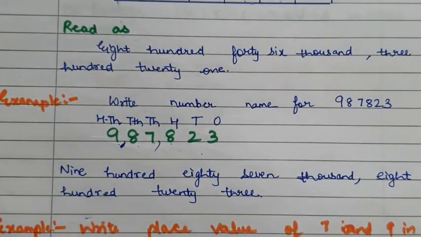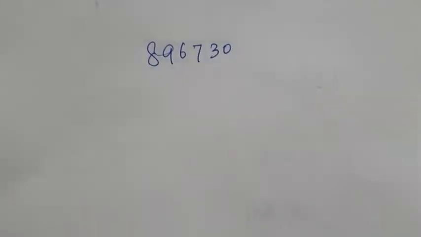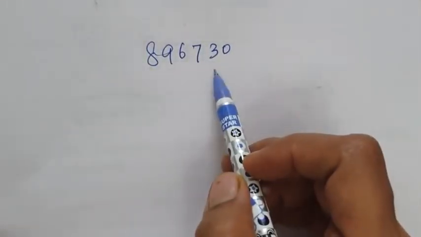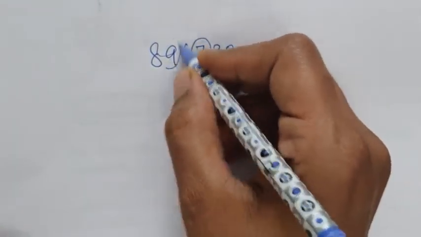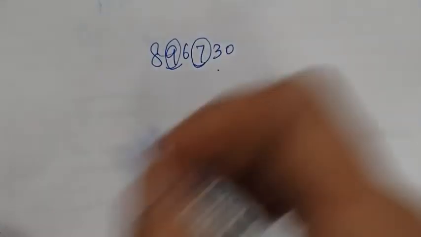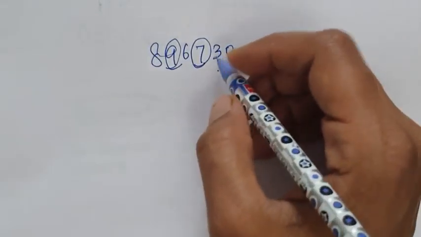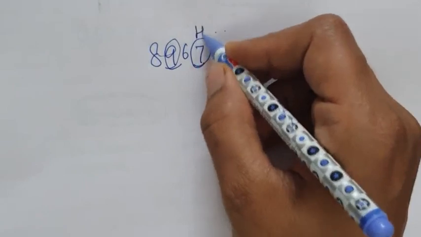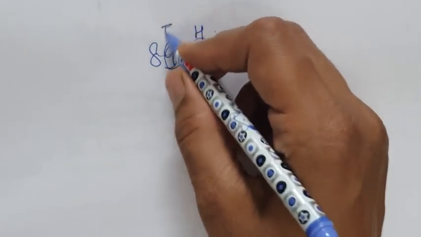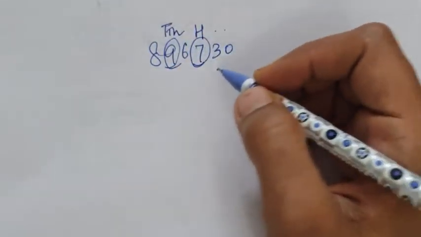Now let us discuss how we can find the place value of the digits in the given number. Suppose we have this number and we have to find the place value of 7 and 9. First of all, let us write the places: ones, tens, 100, 1000, 10,000. Clear?